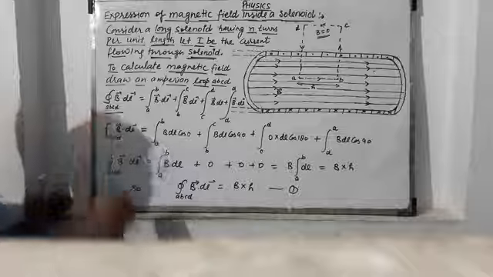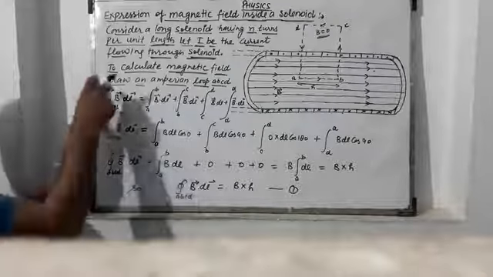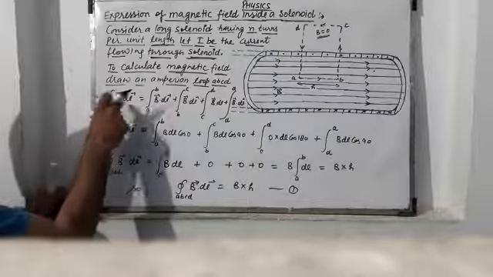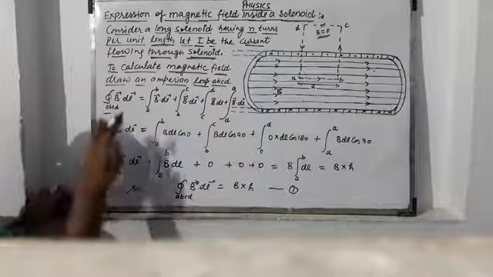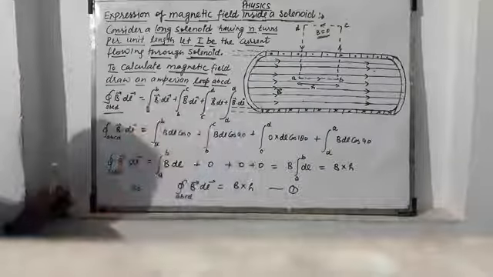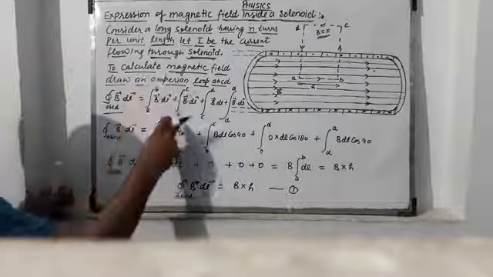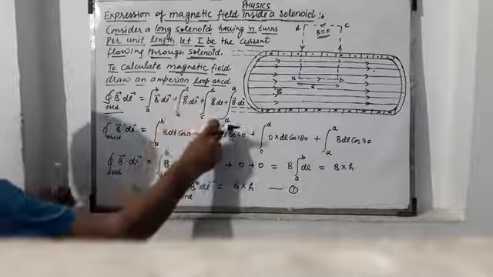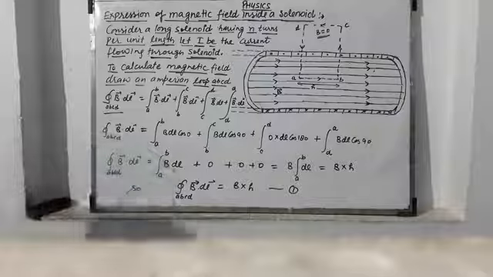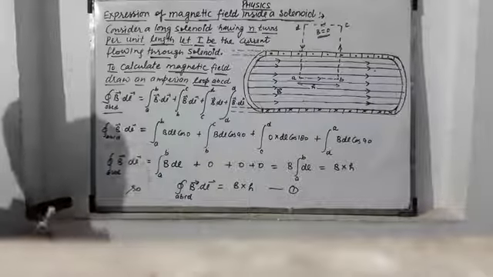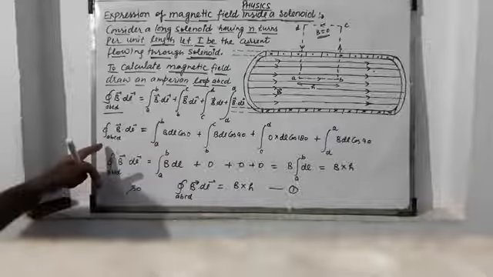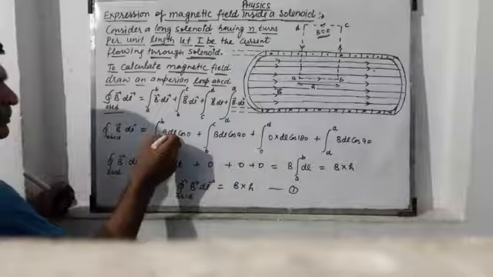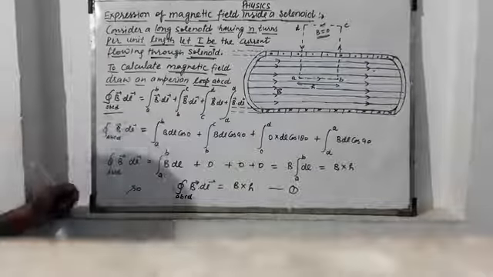So we have the line integral of B·dl around ABCD divided into 4 parts: A to B, B to C, C to D, and D to A. Now, the line integral of B·dl around ABCD is equal to the sum of the integrals of B dl cos θ.